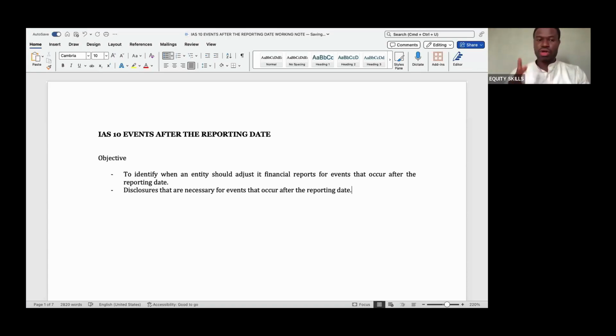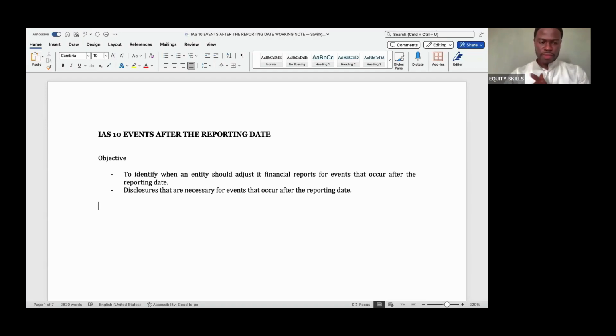So two objectives we have. First is to identify where an entity should adjust its financial report for events after the reporting dates. And secondly is the disclosures that are necessary for events that occur after the reporting dates. So these are the two things we want to learn today.